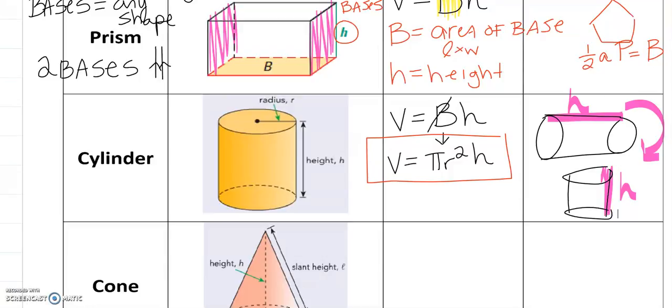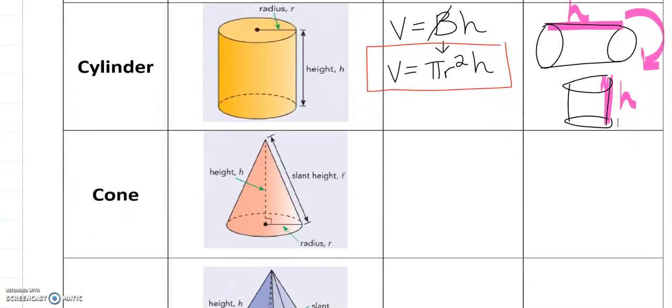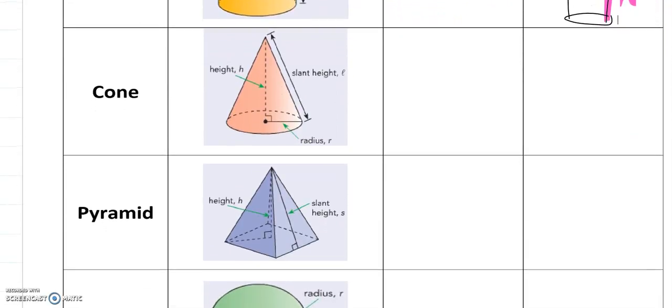All right, let's move on to the cone. Now for the cone and for the pyramid, you'll notice that there's something special about it that makes it a very recognizable cone or pyramid, and that's the little point at the top. Now these points have a fancy name, which we call the apex.